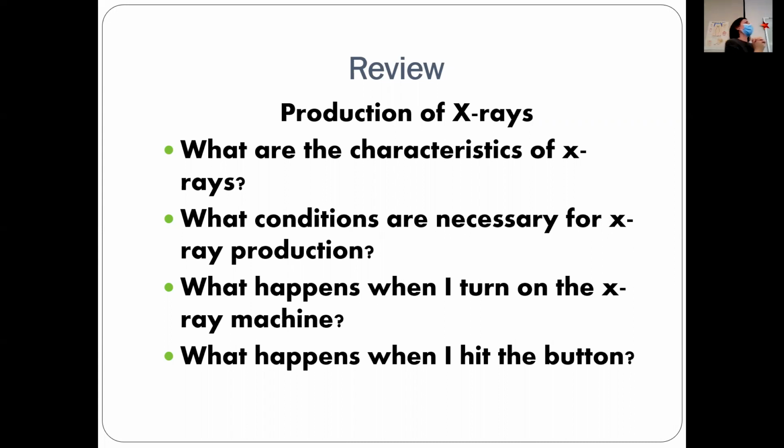Anyone remember anything else from it? They have no mass, no charge. Oh my gosh, now I'm messing myself up. No charge, but yes. Now I've confused myself because you threw me off, Jenny. You asked a really smart question, and I remember some of it, but I don't remember that part. Particulate radiation is one and electromagnetic is the other.